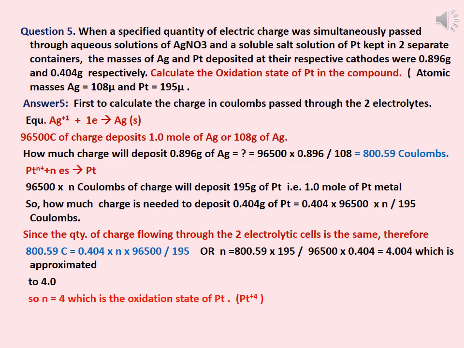Calculate the oxidation state of platinum in the compound. Atomic mass of silver is given as 108 mu, which is grams per mole, and platinum 195 mu, 195 grams per mole.